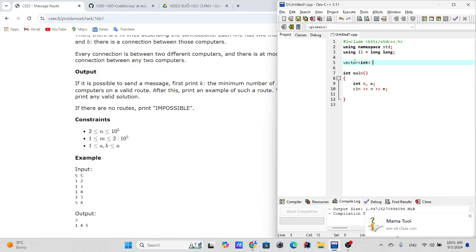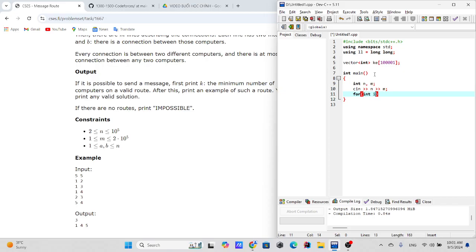What should I call it? I will use Vietnamese variable names. So yeah, whatever. 1, 2, 3, 4. Yeah, that's not enough.